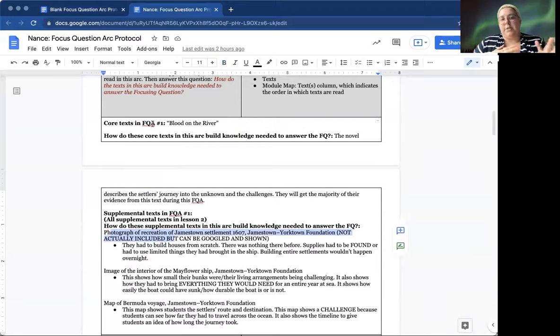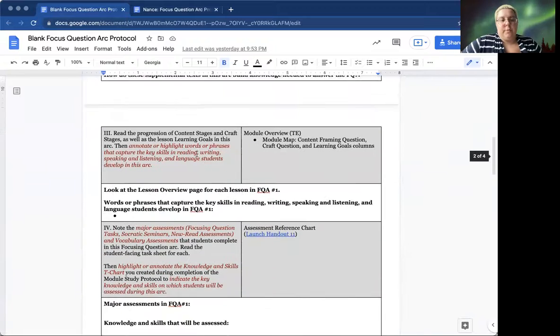But it's those two questions that ask you to really use some of your professional expertise and think about these things ahead of time so that you have a clear picture moving forward of how each of these texts help students build their knowledge and their skills so that they can answer the focus question and then eventually the essential question.